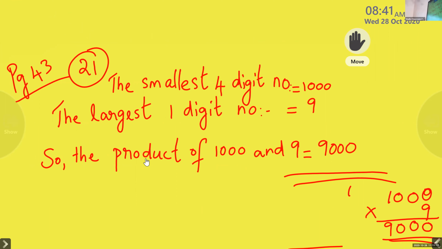Only 3 steps you have to write. We have to multiply the smallest 4-digit number. So you have to write first, the smallest 4-digit number is equal to 1000. Now the largest 1-digit number is equal to 9. So the product of 1000 and 9 is equal to 9,000.